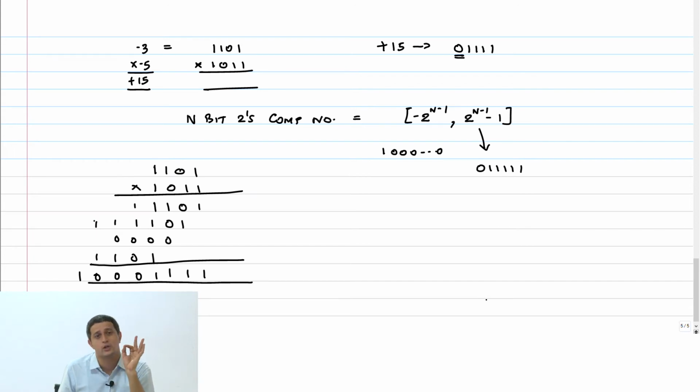That will change the value completely. So to say that the first partial product is equal to 0, 0, 0, is it right? What should I do? You have to do what is known as sign extension. You have to do sign extension to get this right.